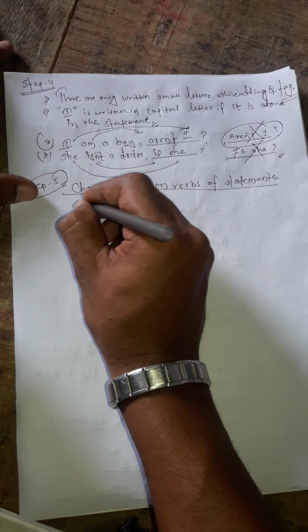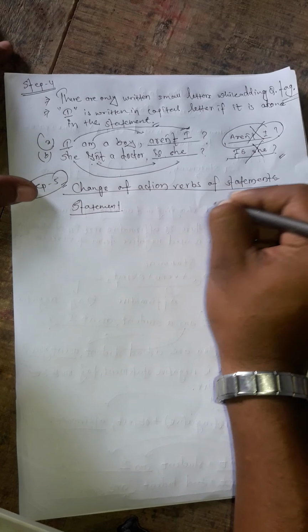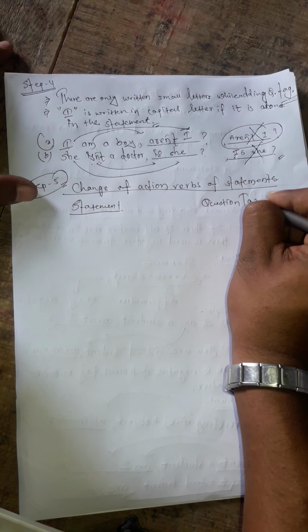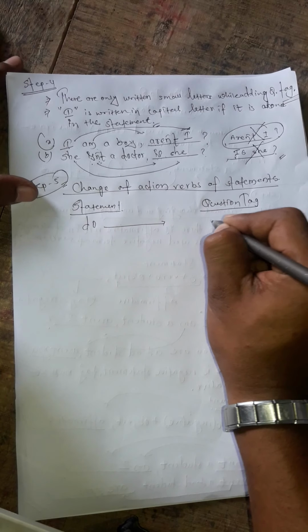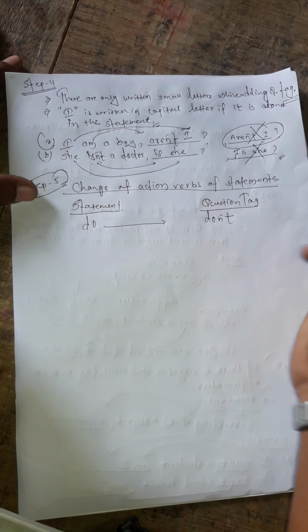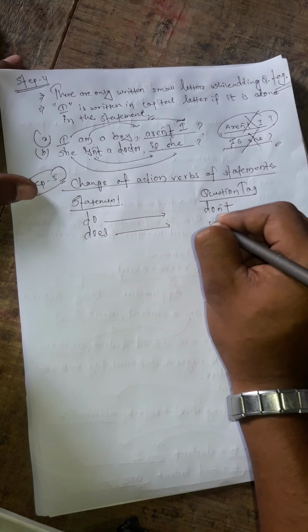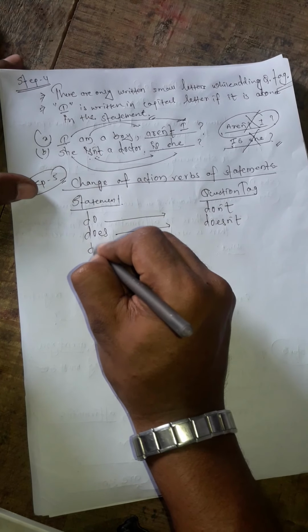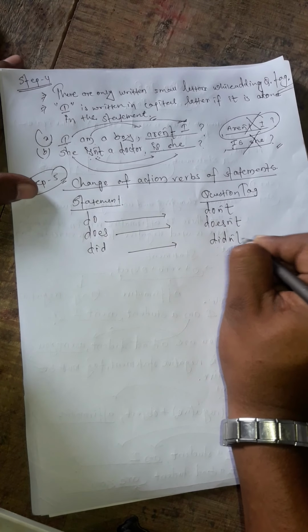If there is do in a statement, you have to write don't. If there is does, then you have to write doesn't. If there is did, we have to write didn't.